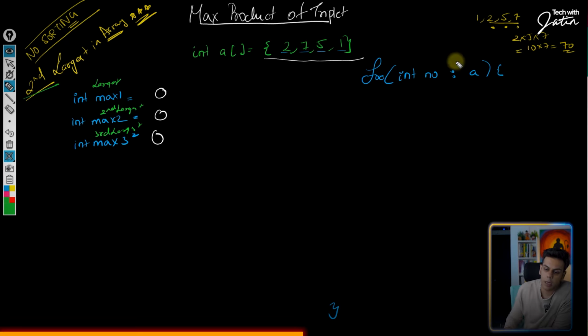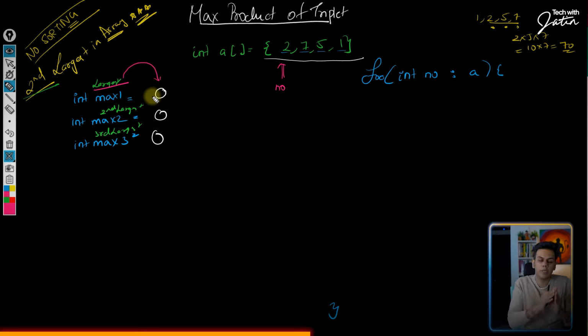Since your loop is going to run for the very first time, number is going to have 2 inside it. And my job is to check, is there a number which is greater than my largest? Max1, which is my largest number, right now is storing 0 inside it.